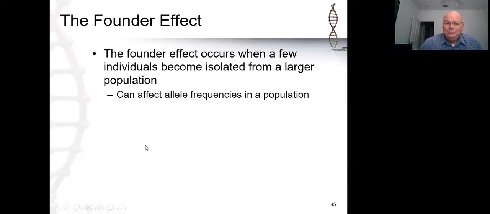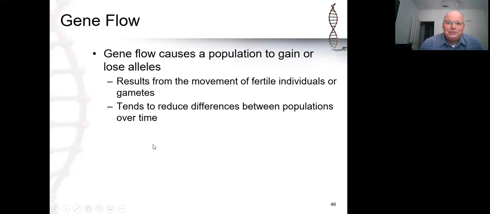Now, let's talk about gene flow. Remember, I had some real questions about gene flow as we were talking about the things that could cause a population to evolve or not. Gene flow can cause a population to evolve, or it can cause a population not to evolve, depending on the nature of the gene flow.